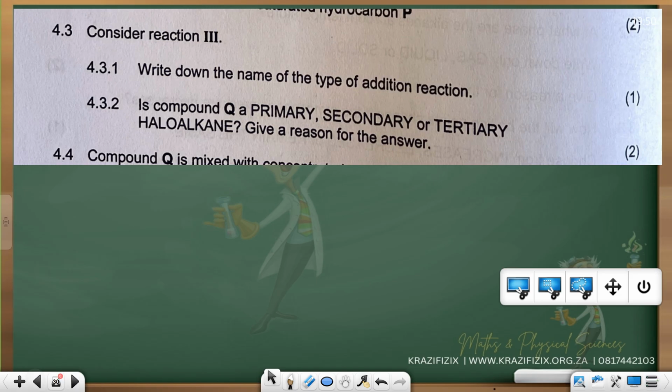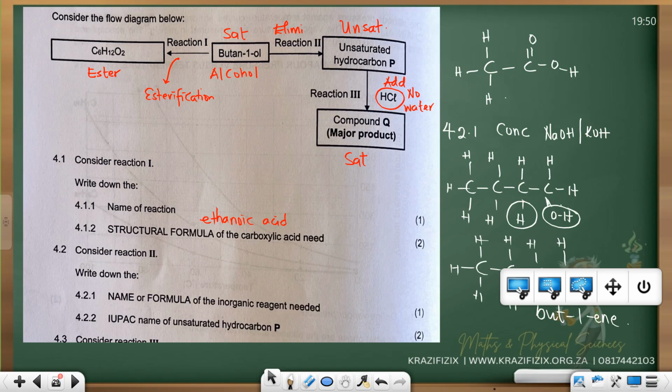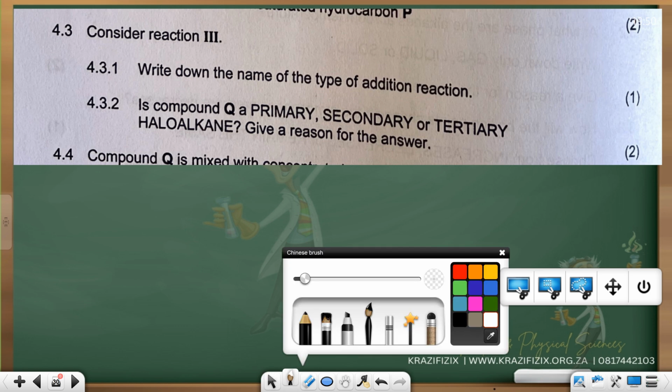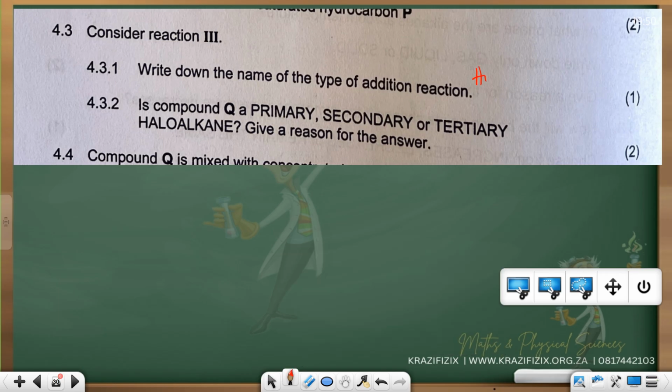Because, do you notice, we named reaction 3 addition reaction. And so what type of addition, what are we adding? It's a hydrohalogenation. Okay. Hydrohalogenation. And we know the reaction condition already, right? No water, right? Hydrohalogenation. It just makes chemistry a lot easier.